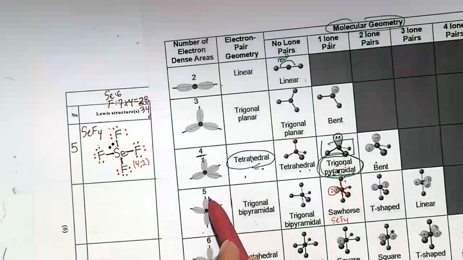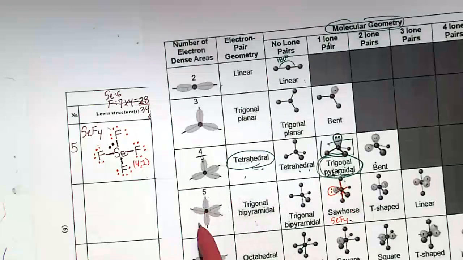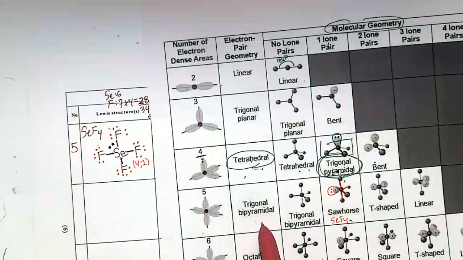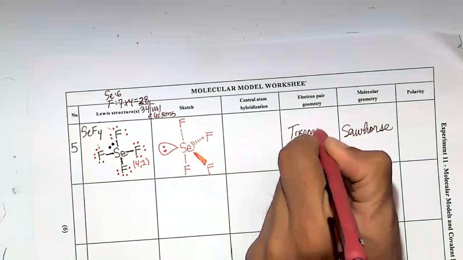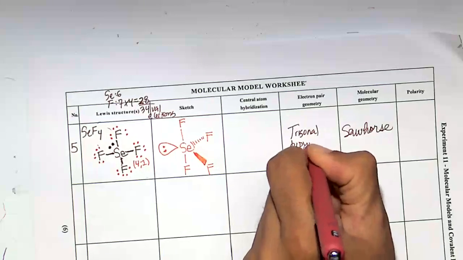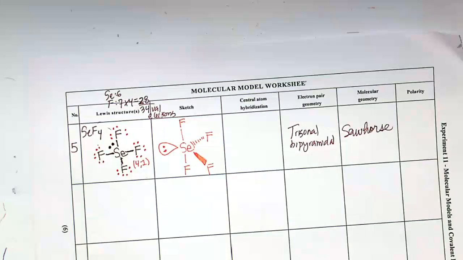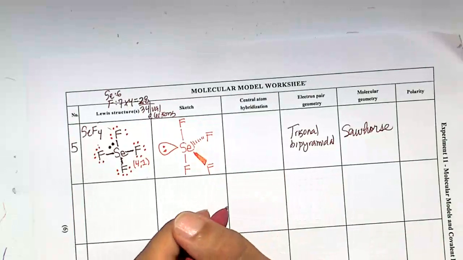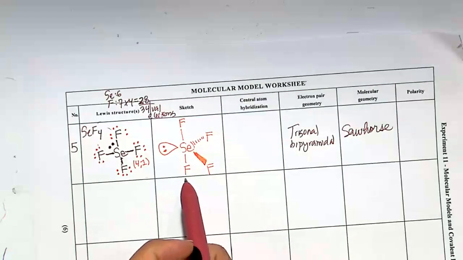You see, when we take 5 and we remove 1 and make it a lone pair, it becomes sawhorse. But if we had all 5 atoms, it would be trigonal bipyramidal.